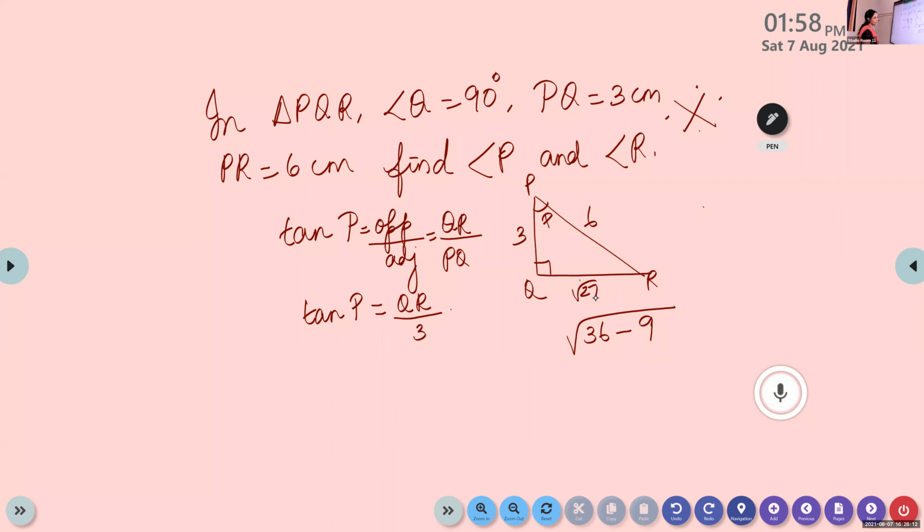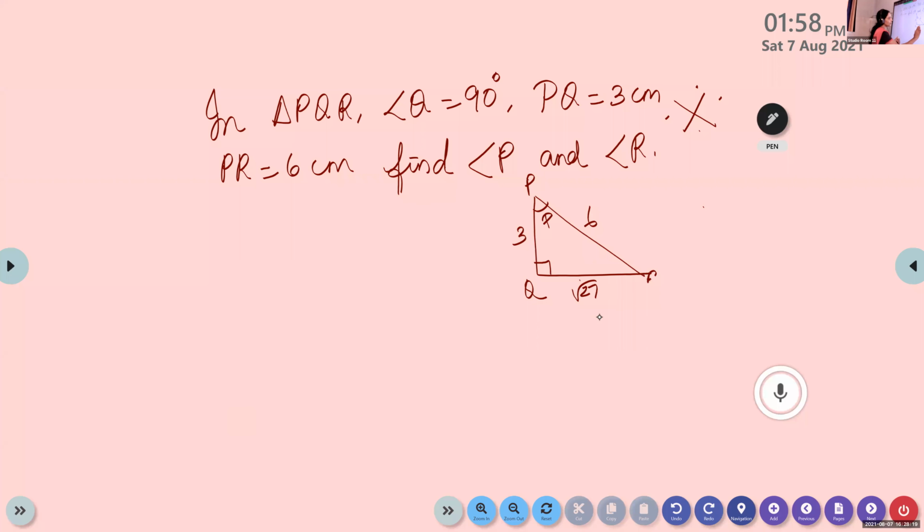Now listen, children. Instead of going with Pythagoras theorem and all, look at here. We want to find the angle P. So with respect to angle P, look at the sides. Which sides are given? Adjacent side is given and hypotenuse is given.